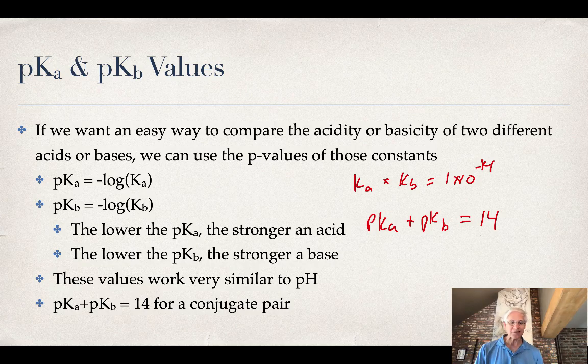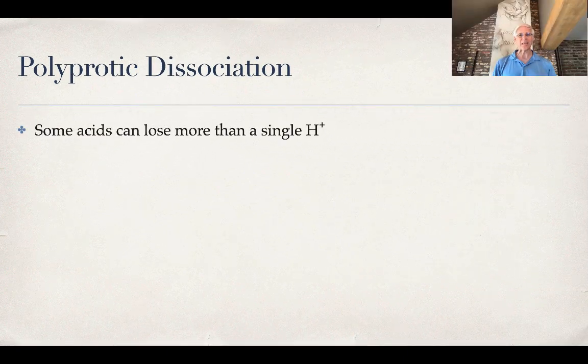So for a conjugate pair, it's easy to work with the Kas and Kbs through the pKas and pKbs, because the pKa plus the pKb of a conjugate pair has to add up to 14. And again, that's assuming we're at 25 degrees Celsius.